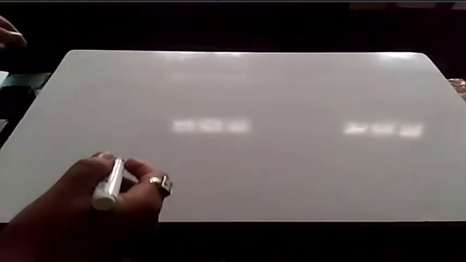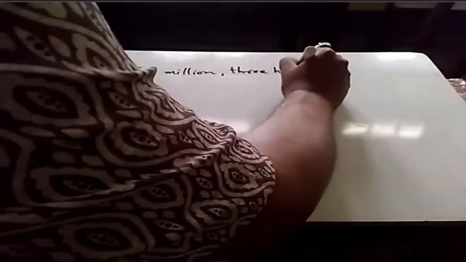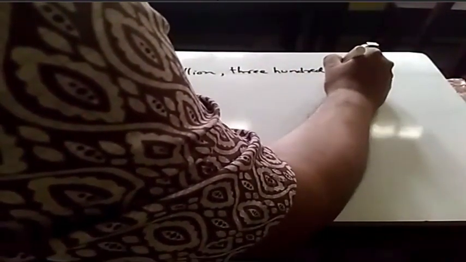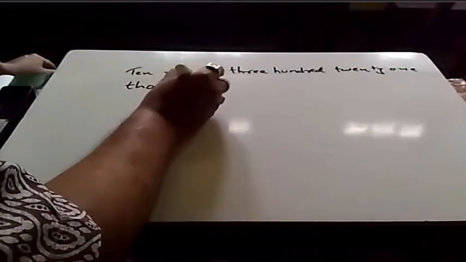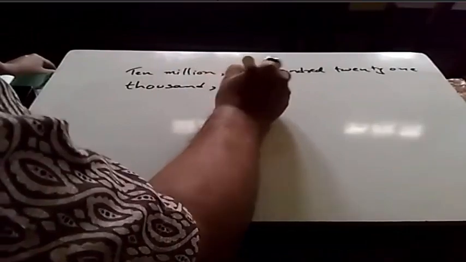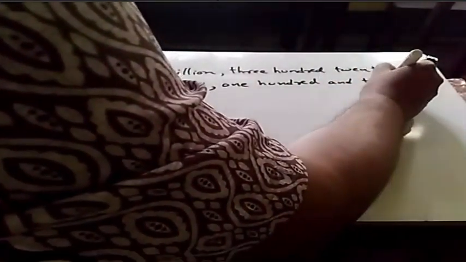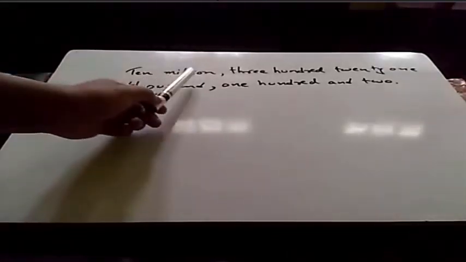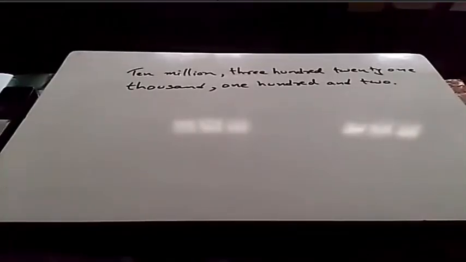Let us say we are given a number. Since there is a million, it is clearly a number in the international system.